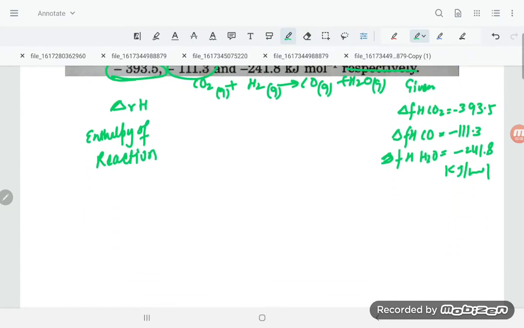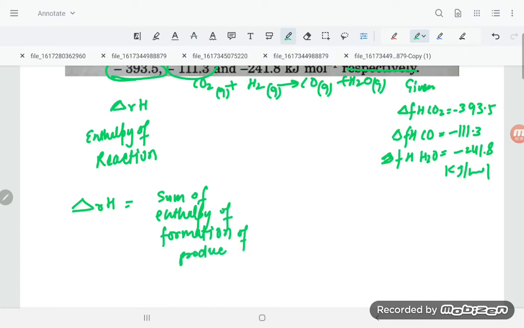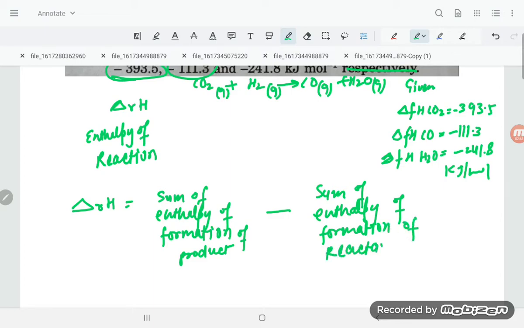So dear students, let us try to solve it. ΔrH is equal to the sum of enthalpy of formation of products, minus the sum of enthalpy of formation of reactants. These are the two terms we have to keep in mind.